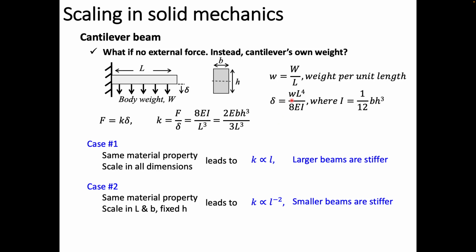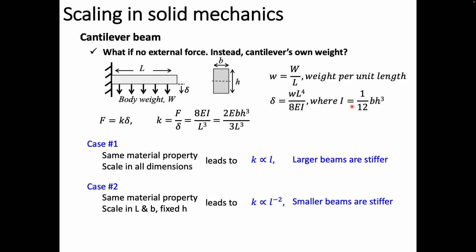In this case, we introduce a new parameter, the small w, which is the whole weight over the length of the beam. This small w represents weight per unit length. For this case, you can obtain delta. It turns out that it is wL to the power of 4 over 8 times Young's modulus times the area moment.